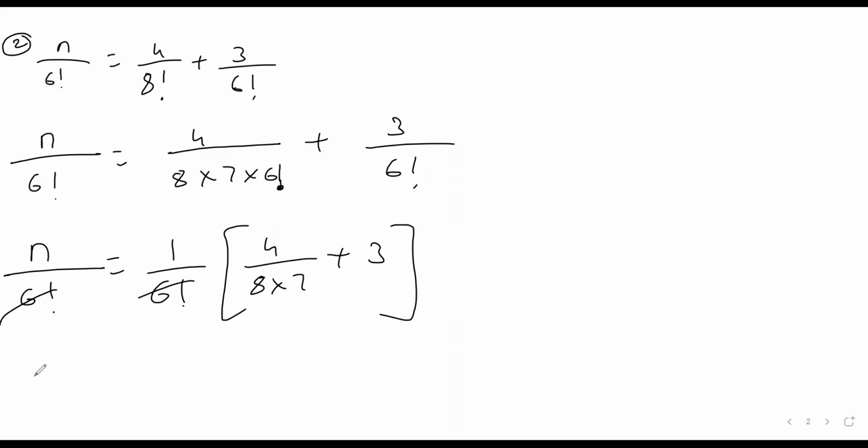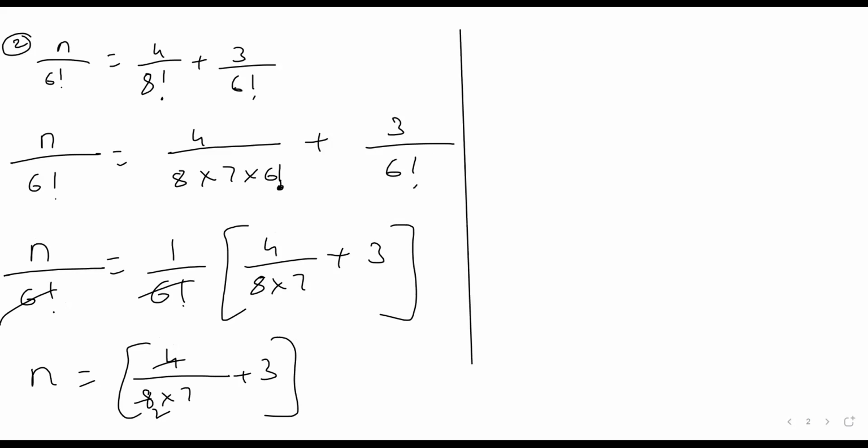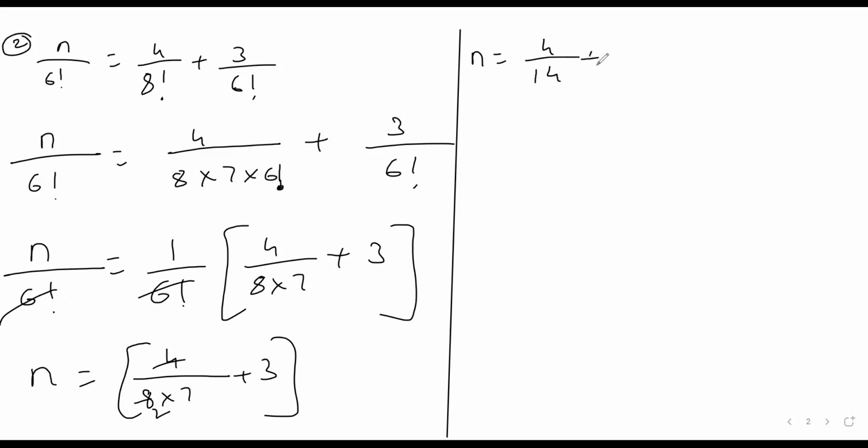This and this will get cancelled. So n will be 4 upon 8 into 7 plus 3. So n is 4 upon 14 plus 3.